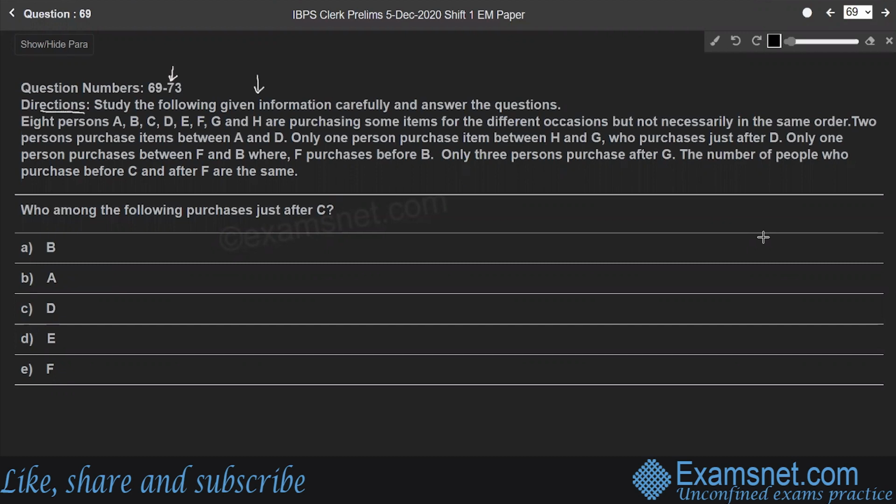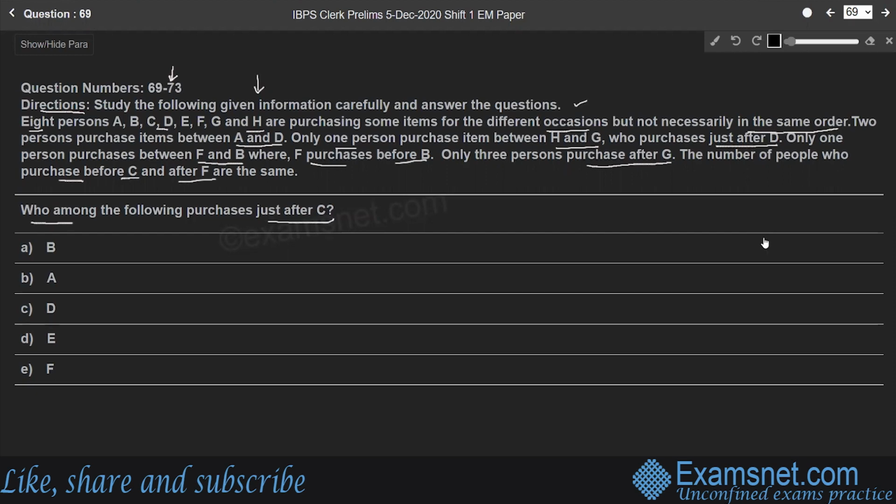Direction is study the following given information carefully and answer the questions. 8 persons A, B, C, D, E, F, G and H are purchasing some items for different occasions but not necessarily in the same order. 2 persons purchase items between A and D. Only one person purchases item between H and G, who purchases just after D. Only one person purchases between F and B, where F purchases before B. Only 3 persons purchase after G. The number of people who purchase before C and after F are the same. Then who among the following purchases just after C?